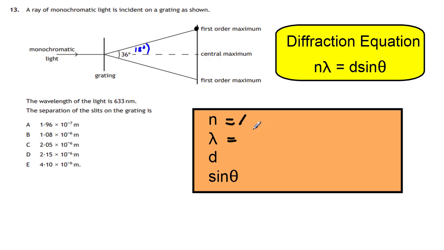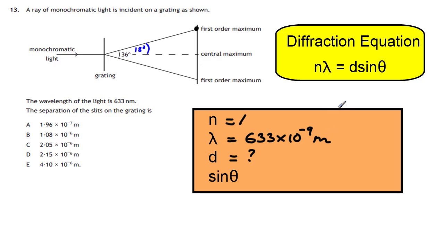The wavelength is 633 nanometers, and right away we can change that to 633 times 10 to the minus 9 of a metre. Remember, 1 nanometre is 10 to the minus 9. Now, d is the separation of the slits. That is what we're after. And think of the separation of the slits like the gap between the rungs of a fence. That's what the diffraction grating really is.